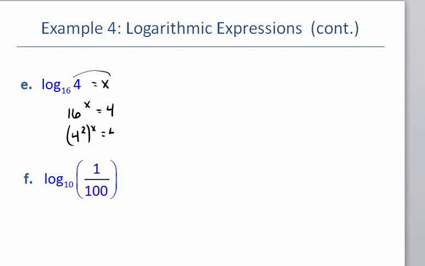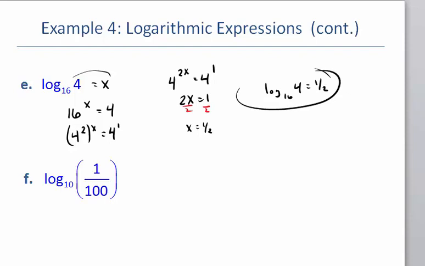We could write 4 as 4 to the first. So I have 4 to the 2x is equal to 4 to the first. Once your bases are alike, you can set your exponents equal to each other. And then you can solve by dividing by 2. So x is equal to 1/2. So log base 16 of 4 is equal to 1/2.